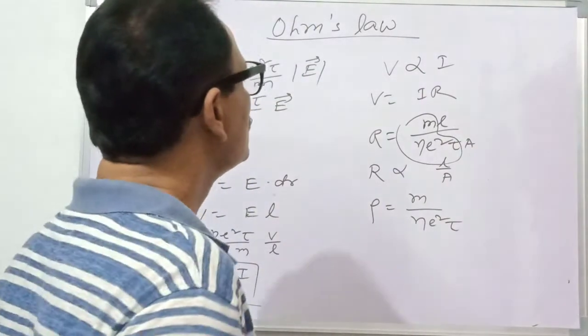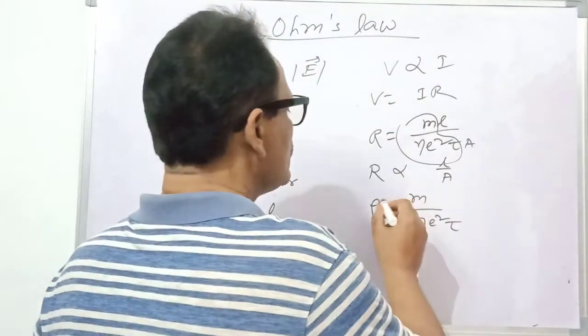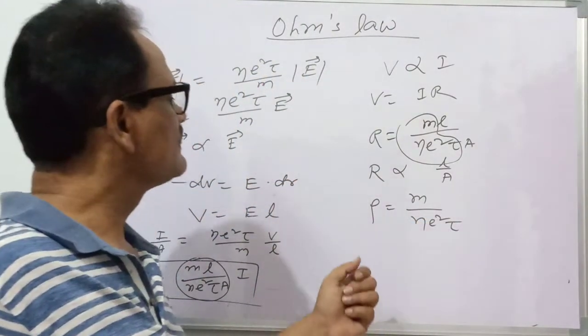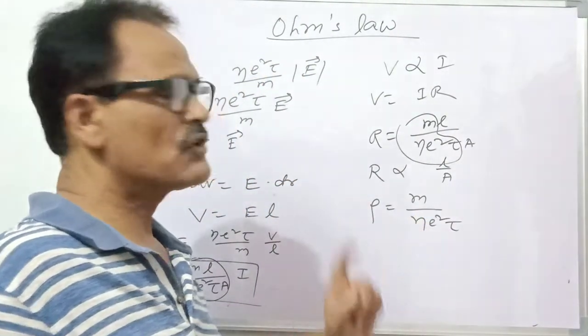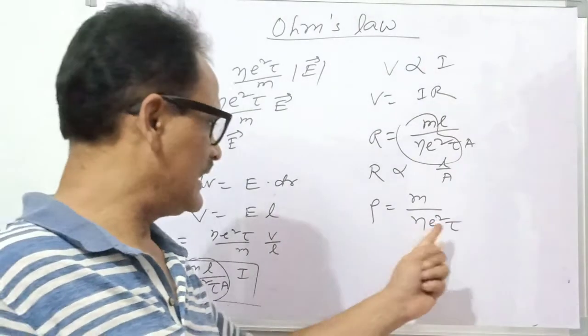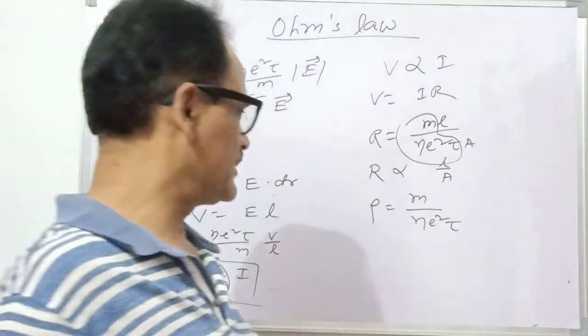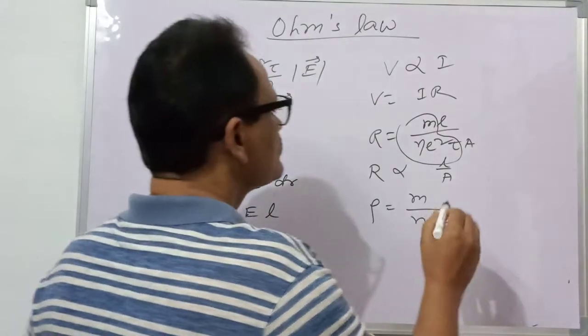And this rho is the resistivity. It depends on two variables, that is n, the number of electrons per unit volume, and the relaxation time, and this time will depend on temperature.